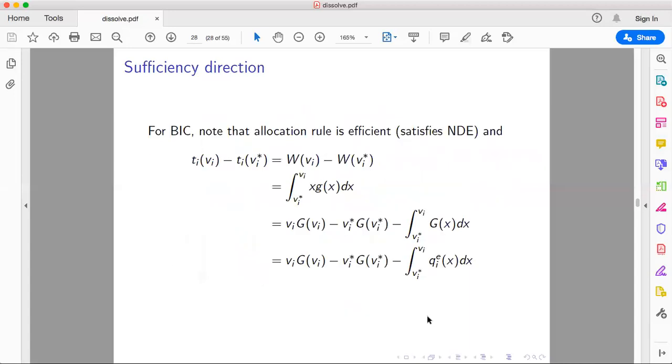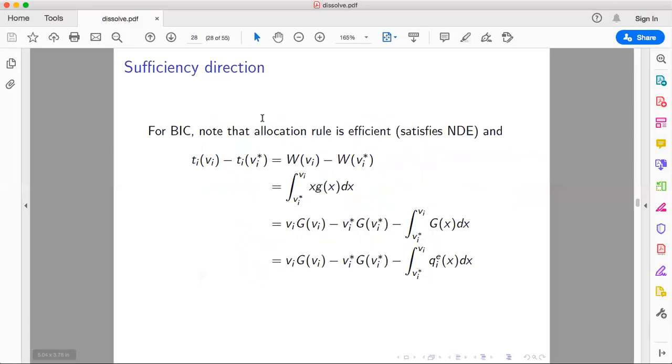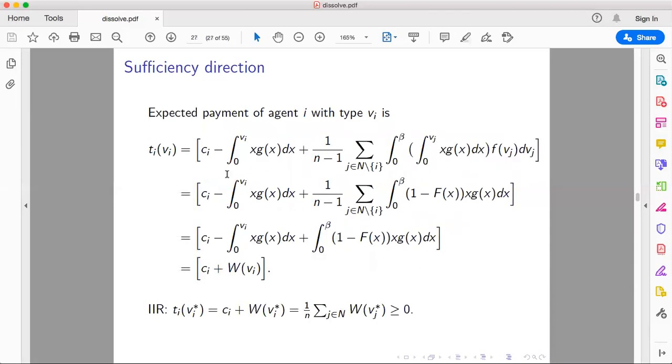So Bayesian incentive compatibility is on the next slide, and it follows pretty straightforwardly, because all I need to show is that Ti(Vi) minus Ti(V star i) satisfies that formula, and by our construction Ti(Vi) is this.